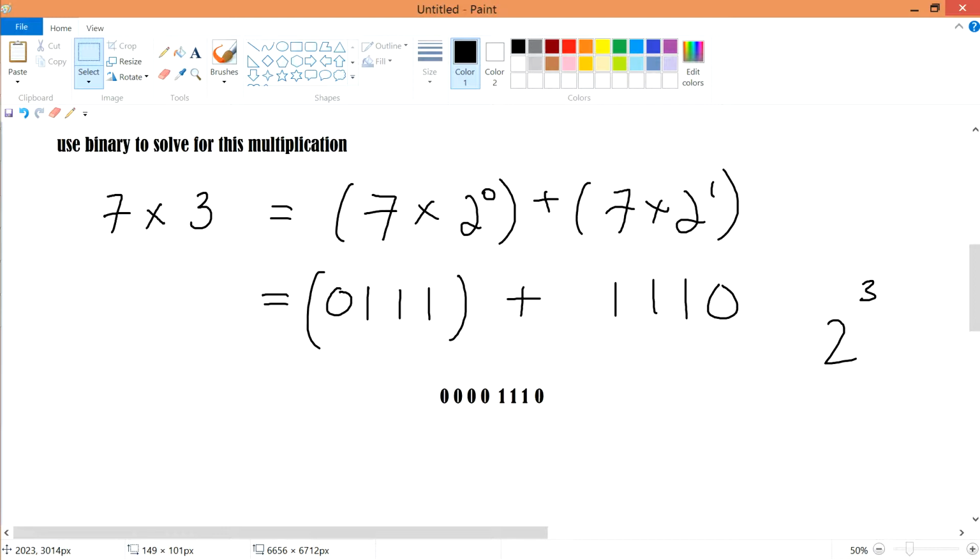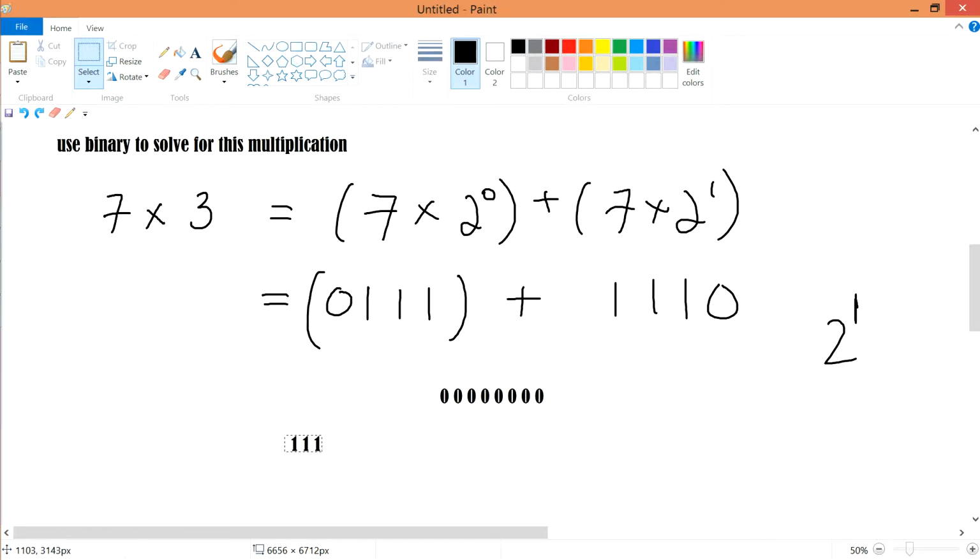If I shift to the power of 3, I shift 1, 2, 3, and I have this. But in this case, we are only talking about 2 to the power of 1, so I'm only shifting 1 time. So this 1, 1, 1, 0, I shift only 1 time.